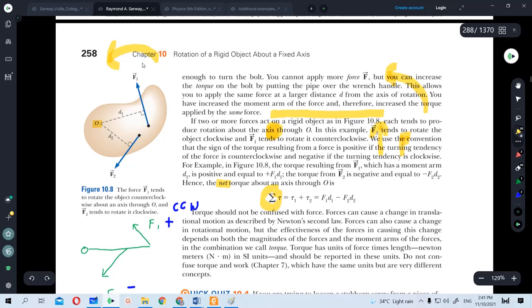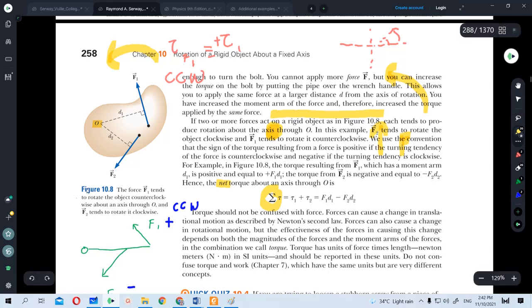This rotation is measured as if there is an imagined axis of rotation, and the angle goes above from the positive x-axis. So that's how we consider that the torque due to F1, which we might write as tau 1, is a positive value because of the direction. To make it much simpler, counterclockwise is a positive value.